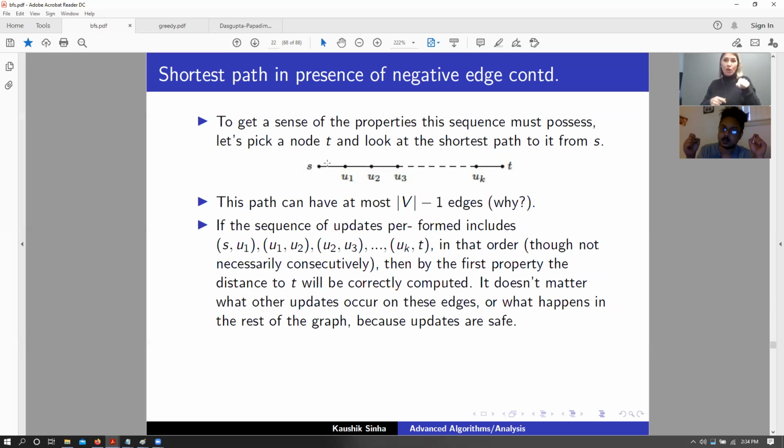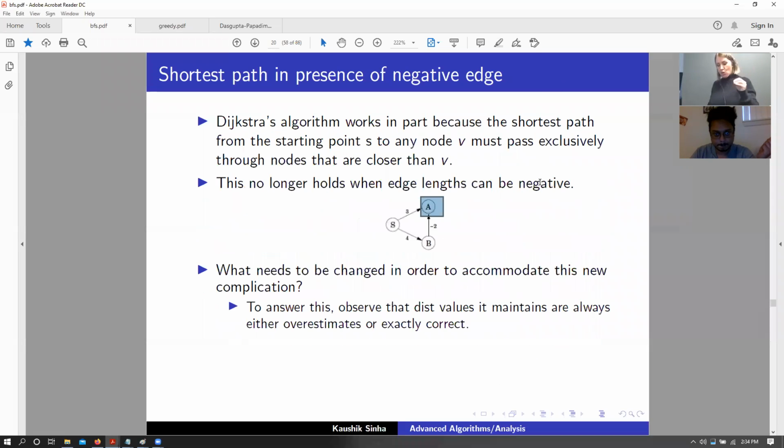If it is the case that we are always exploring the shortest distance vertices first, if let's say there is some divine oracle that tells us which vertex to explore next, then that works out. However, there are cases, as we saw here, where that might not be true, and in such cases we might not get the shortest distance using Dijkstra.